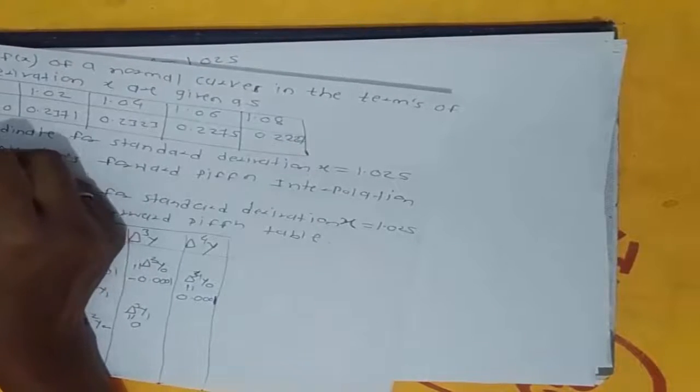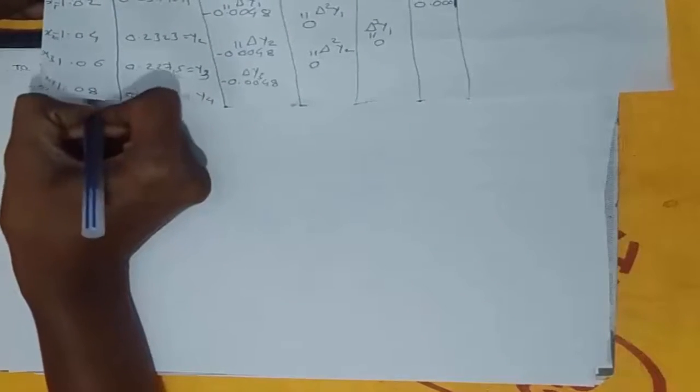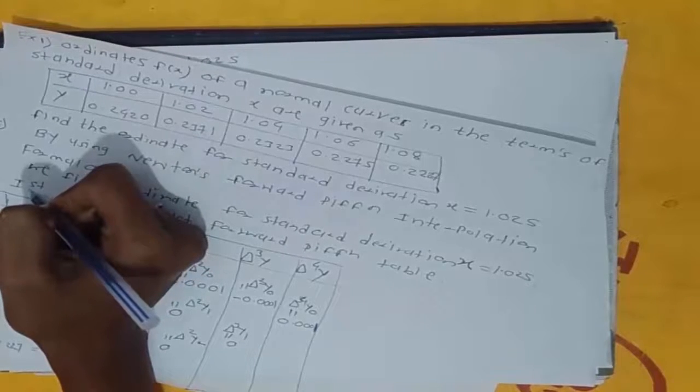See here the starting value, x0, will be considered as 1.00, because we use the forward difference table, so we consider the initial value of x as x0.